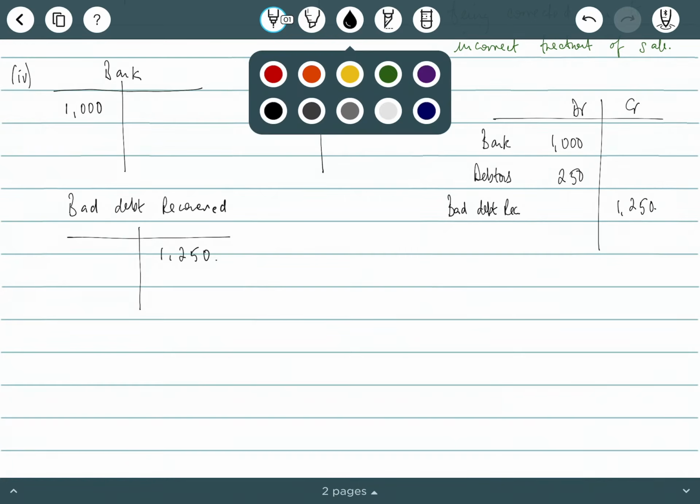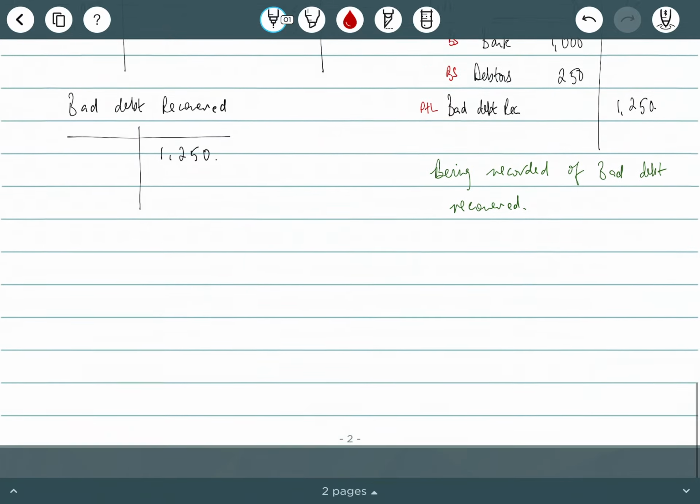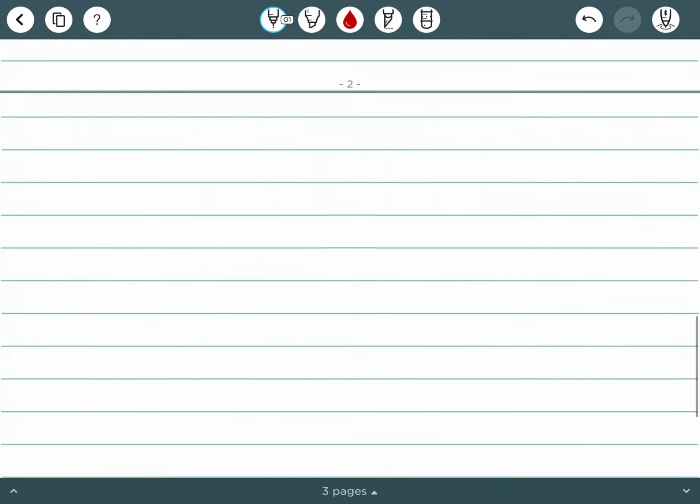Give it a little spiel: being recorded of bad debt recovered. Make it easier on ourselves: that bank is a balance sheet, debtors is a balance sheet, and bad debt recovered is a gain in the P&L.